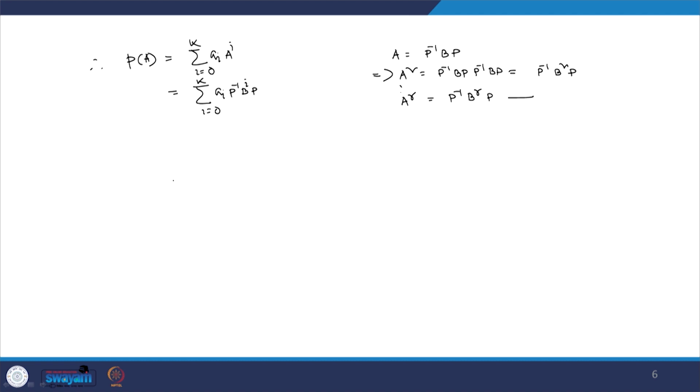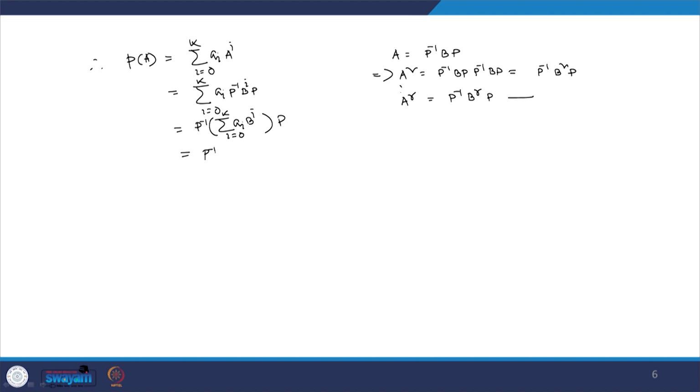Since a_i is a constant scalar quantity, I can take out this P inverse. So, I can write P inverse sigma a_i B^i, i equal to 0 to k, into P. So, one can write p(A) like this. This is equal to 0, already given.